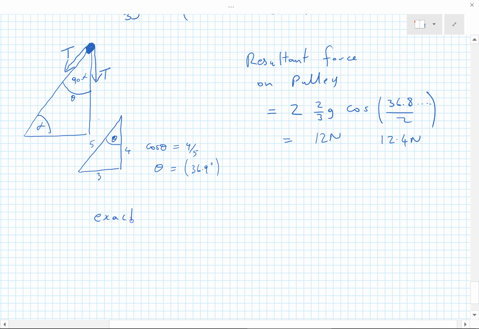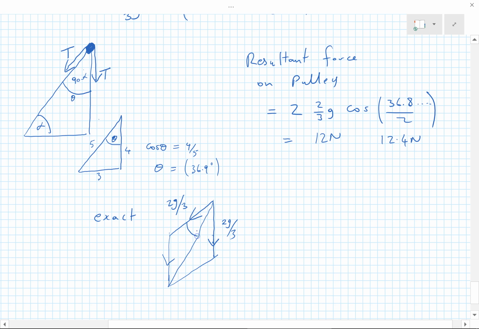I'm going to draw that diagram again because I've made a bit of a hash of it. So we've got this angle here, we've got this force here, and that's 2g over 3, 2g over 3. And we're working out what the length of this diagonal is.